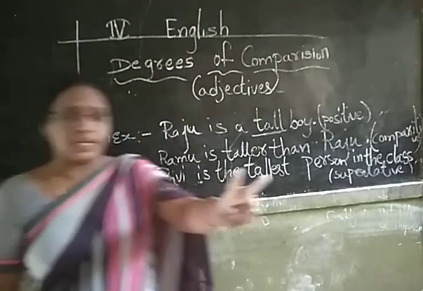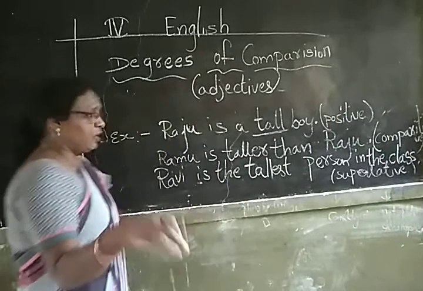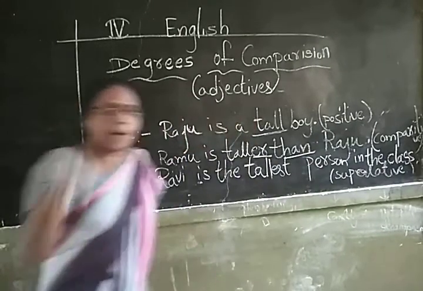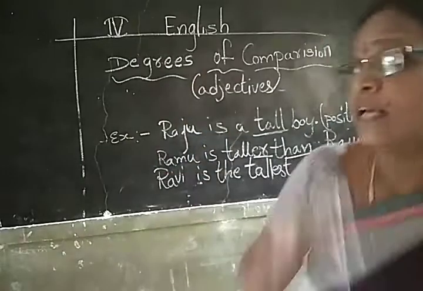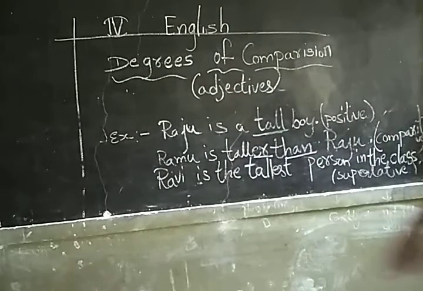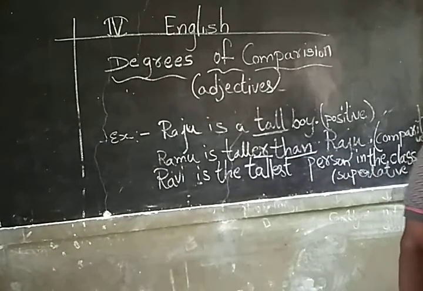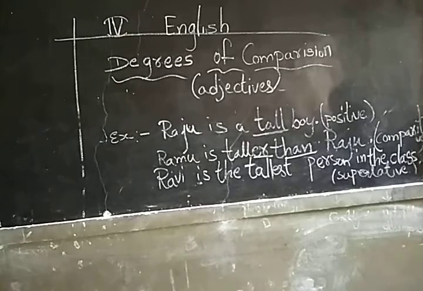You can easily identify the comparative degree by seeing the words er and than. Listen properly. In the comparative degree, er and than are used.